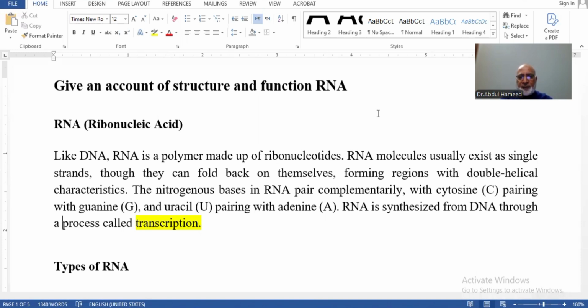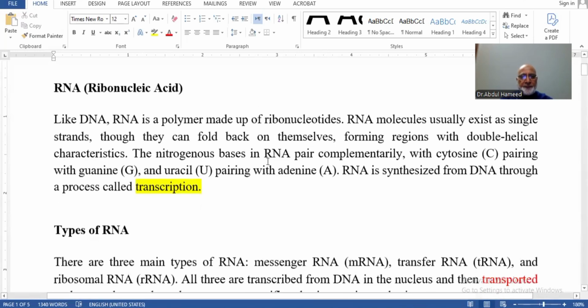The nitrogen bases in RNA are cytosine, guanine, uracil, and adenine. And if there is pairing, then cytosine can combine with G and uracil with A. So RNA is synthesized from DNA through a process we know as transcription.